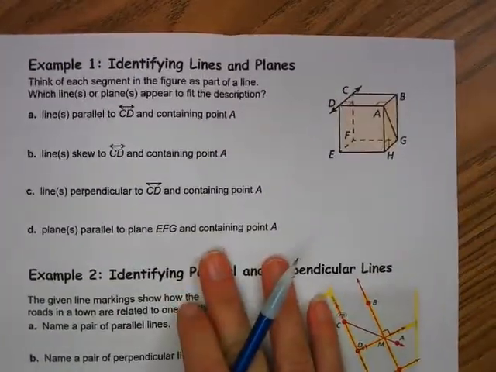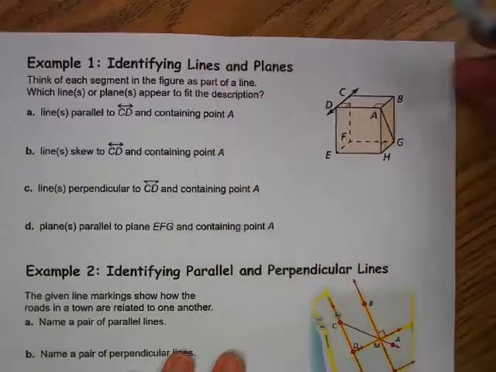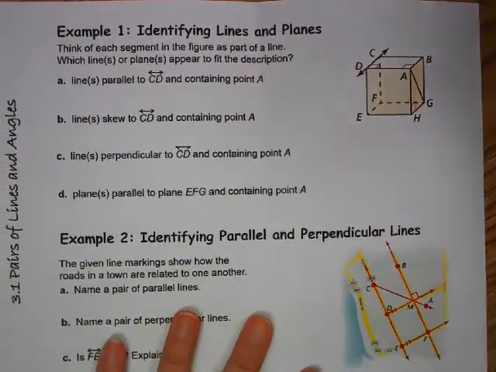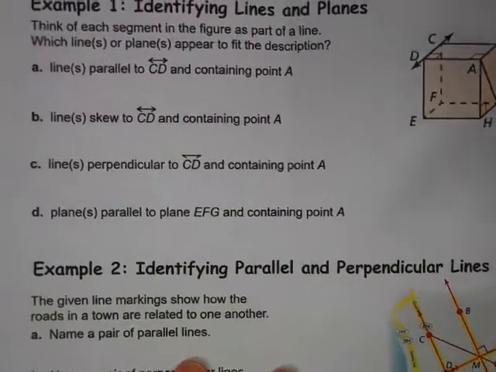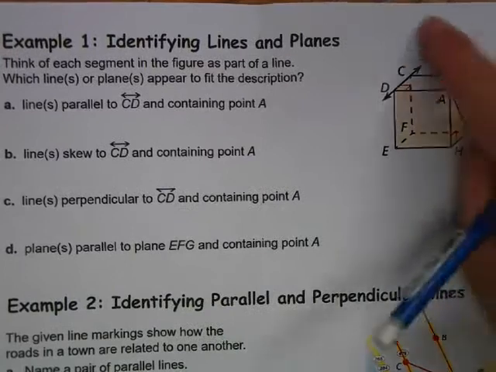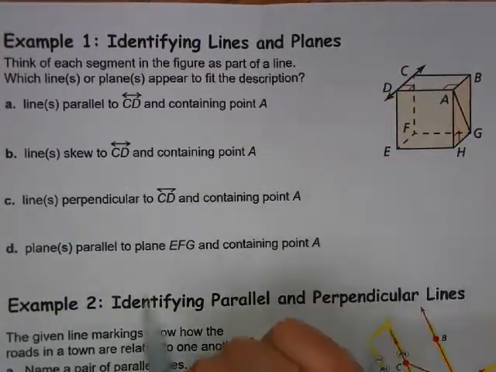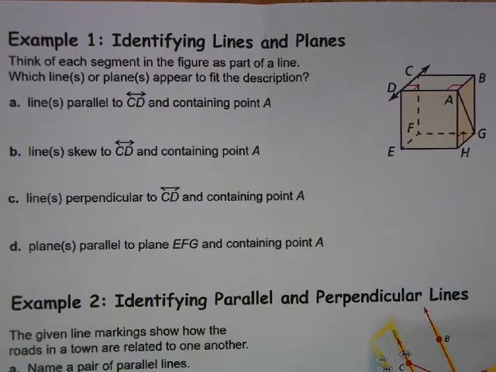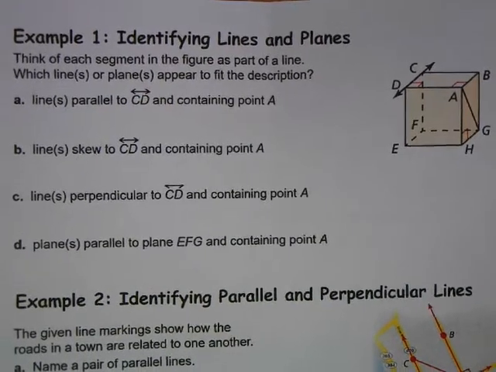So looking at example 1, this should be very familiar because, like I said, we did this already in chapter 1. So we're just taking a look at this diagram, and it says, think of each segment in the figure as part of a line. Which lines or planes appear to fit the description?